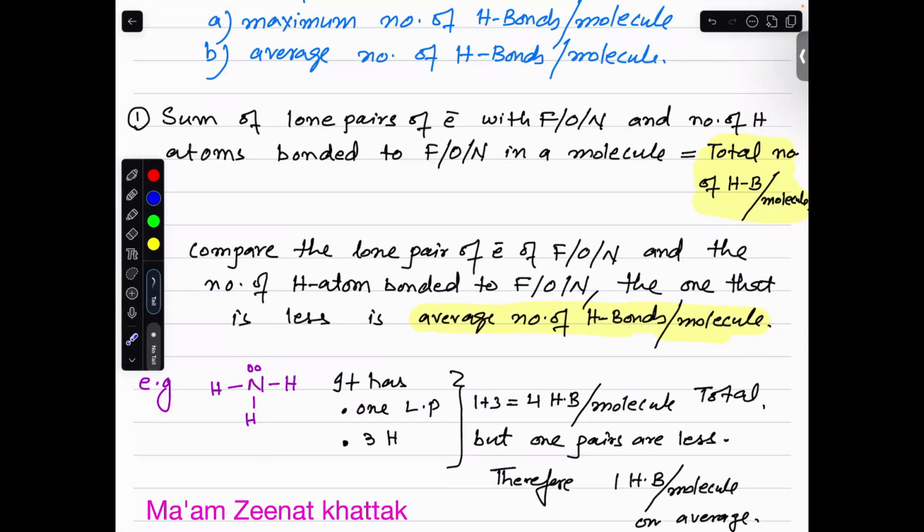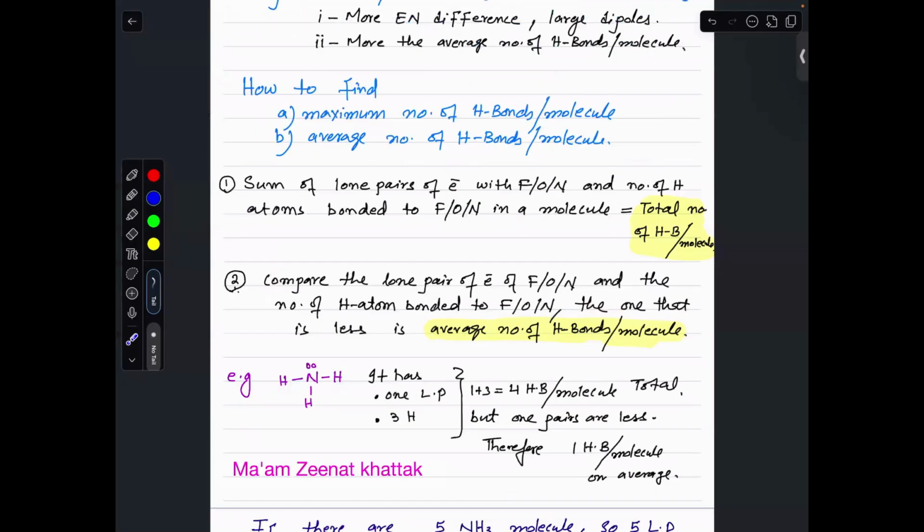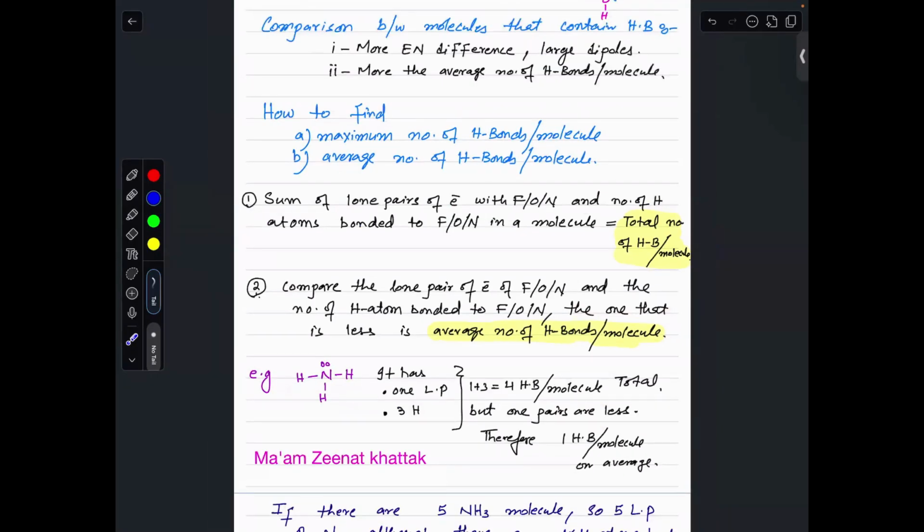But listen, what is the average number of hydrogen bonds? For the average, among lone pairs and hydrogens, you have to check which one is smaller. Which one is smaller? 1. You have to count all the hydrogens and the lone pairs bonded to FON to find the maximum and the average.